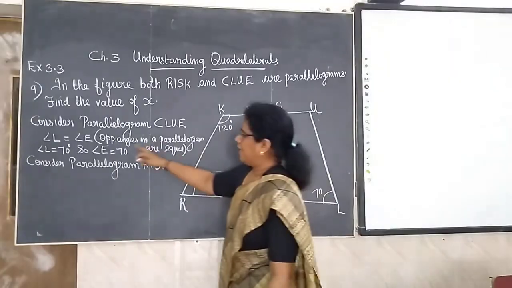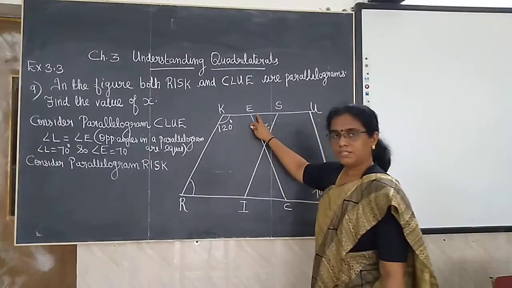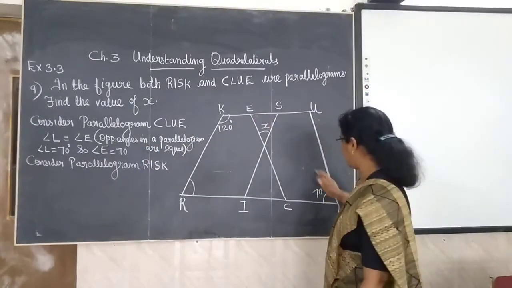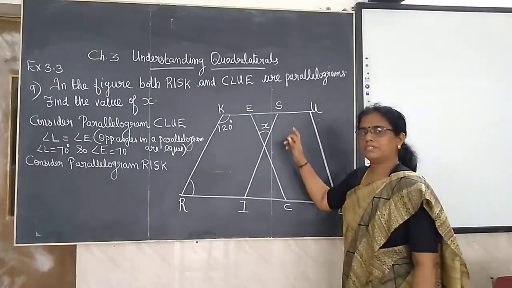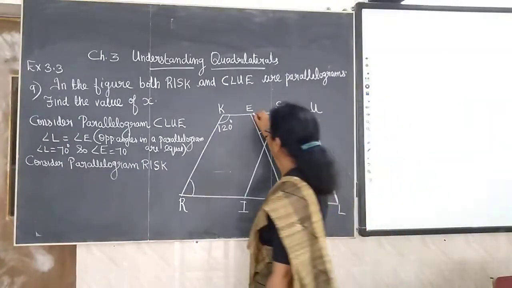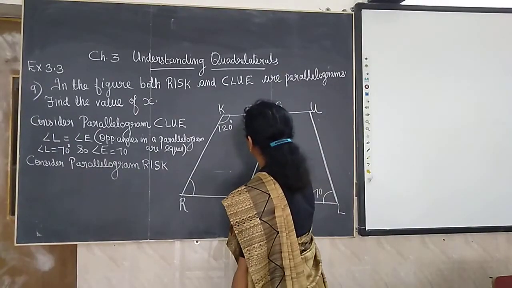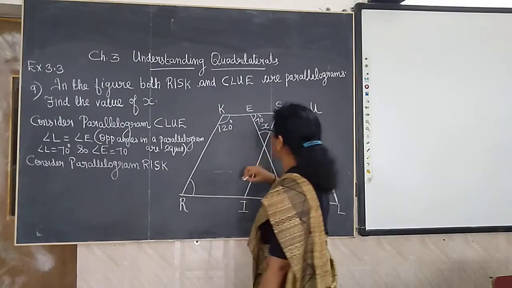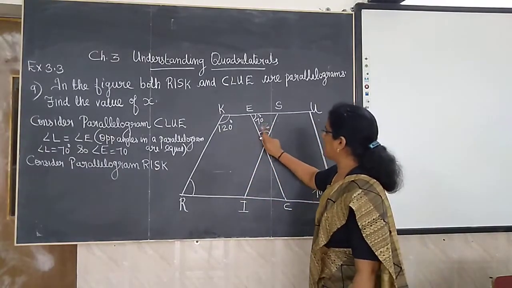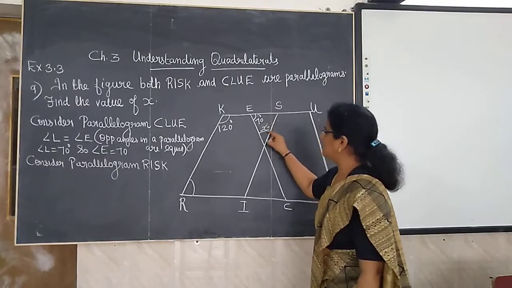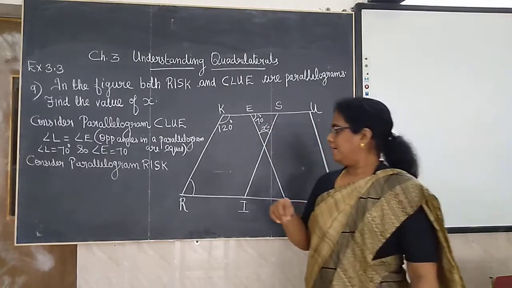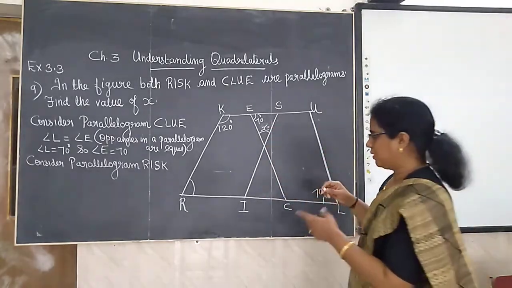So angle E we got as 70 degrees, because these two angles are opposite angles of this parallelogram. This angle is marked as x. This is given. Now consider the next parallelogram, RISK.